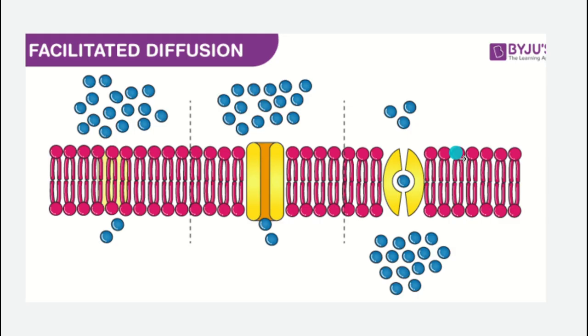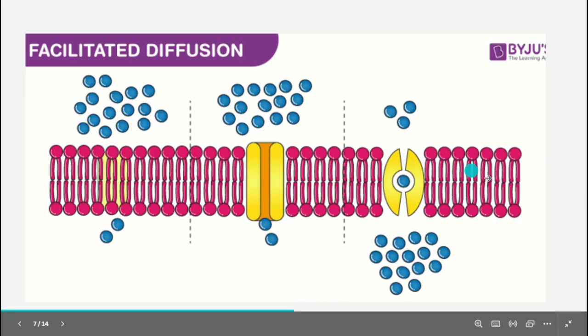We have the hydrophilic head and the hydrophobic tails, and this part of the membrane is lipophilic, meaning it's lipid loving. If it's lipophilic, that means it's hydrophobic. So certain molecules that are really charged, really polar, cannot pass through this area of the membrane. They can come up here, but they cannot pass through in order to get inside. So that's the biggest difference.